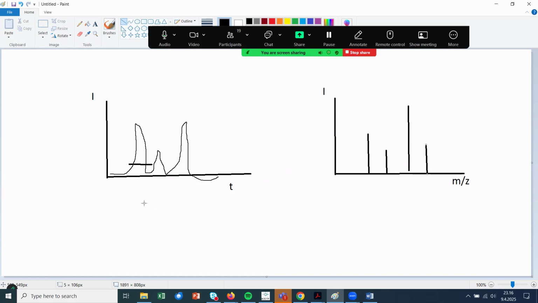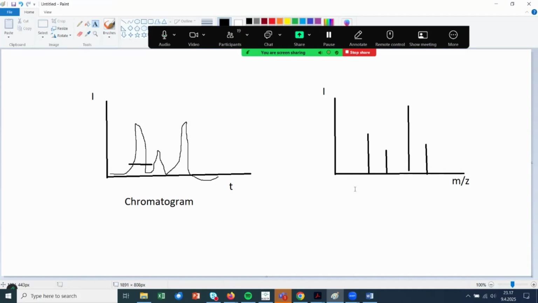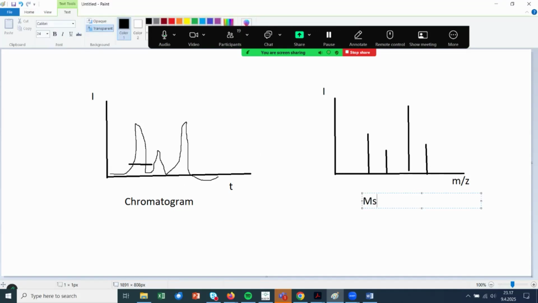So this is the chromatogram, and if we are utilizing chromatography in mass spectrometry, we can also get these chromatograms and see them. And then here we have the mass spectrum, so mass divided by charge.